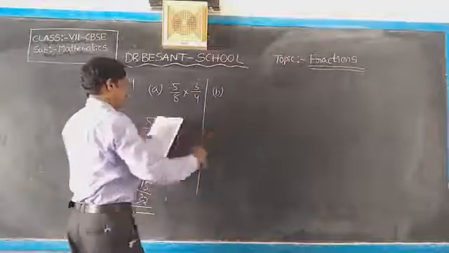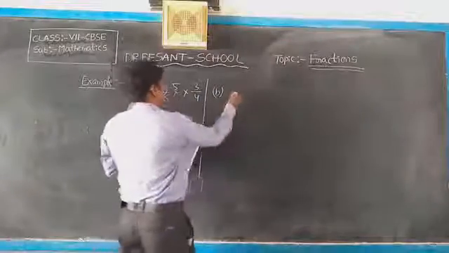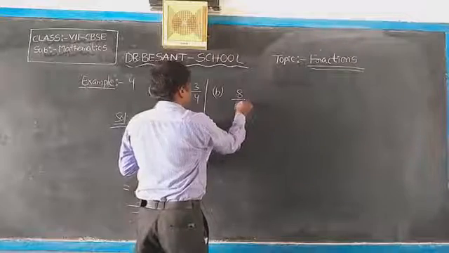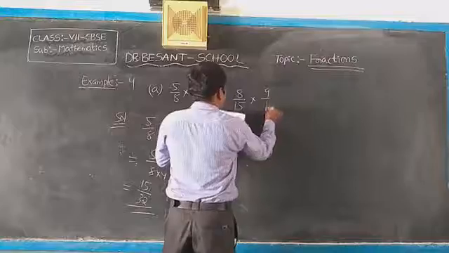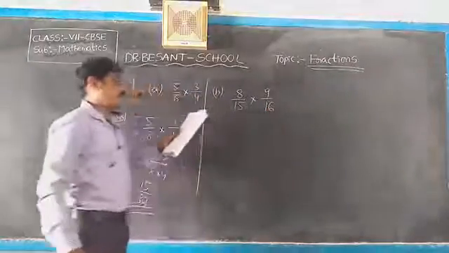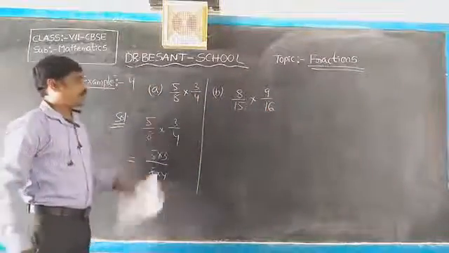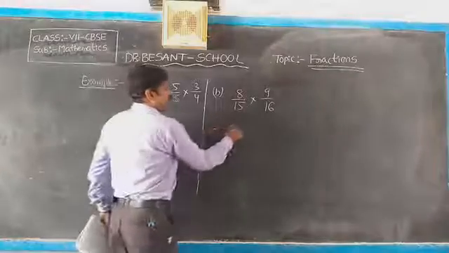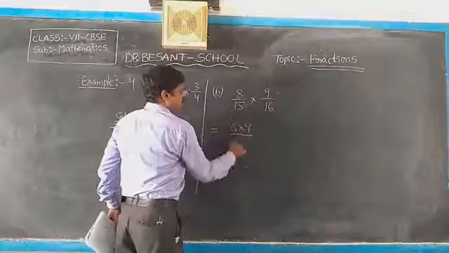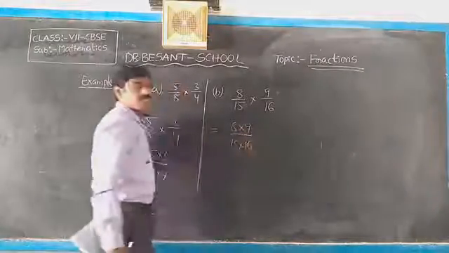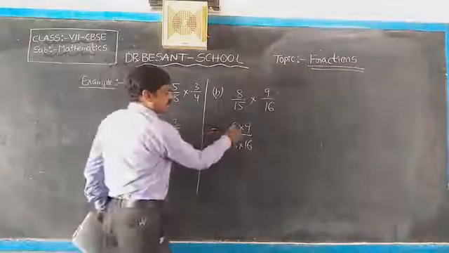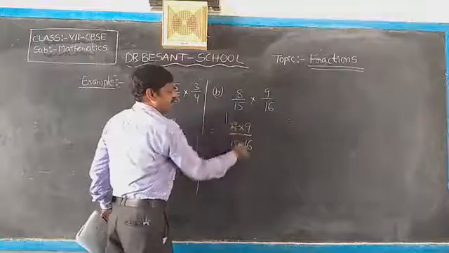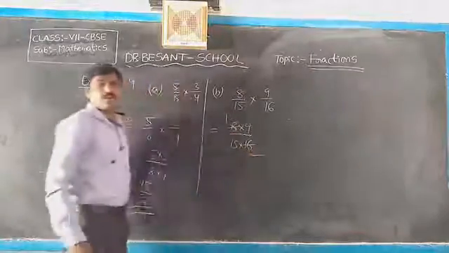B: 8 by 15 into 9 by 16. Now simply 8 into 9 by 15 into 16. Now there is a common factor for 8 and 16: 8 1s are 8, 8 2s are 16.